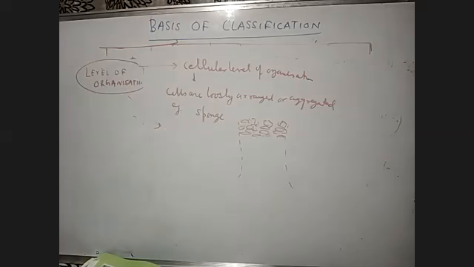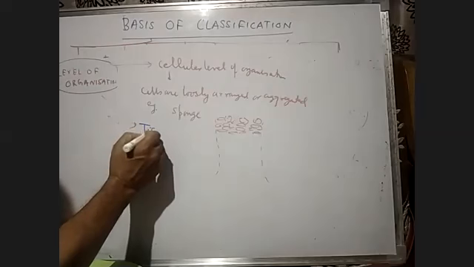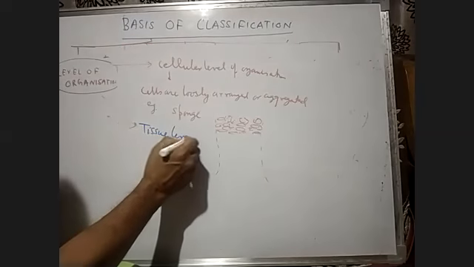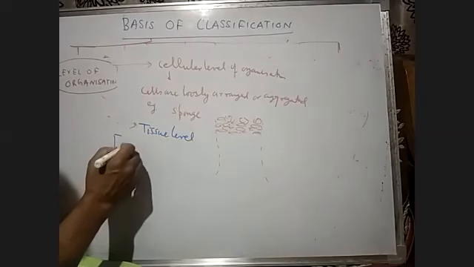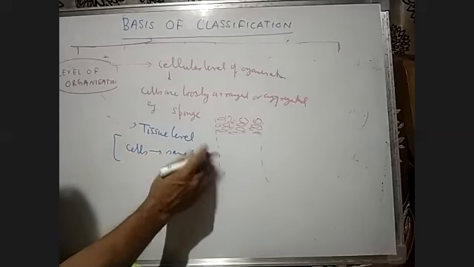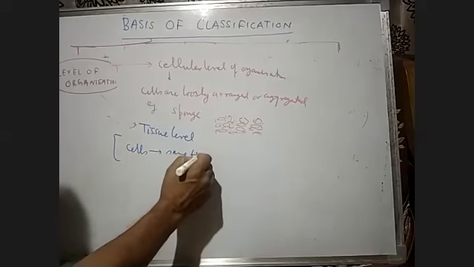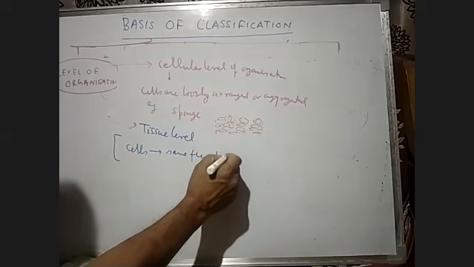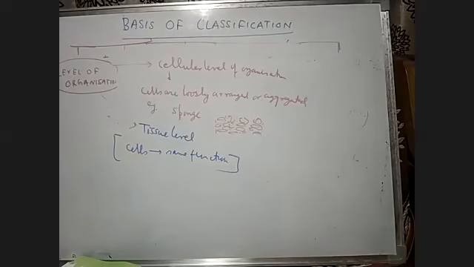Then we have the tissue level of organization, where cells will perform the same functions. Okay, this is called the tissue level of organization.